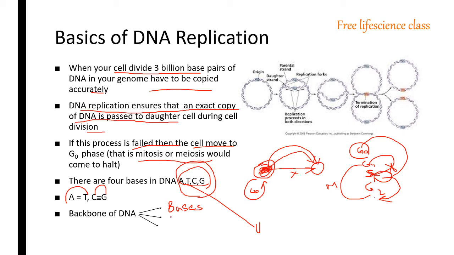Then about sugar: deoxyribose sugars are present in the backbone of DNA. Then about phosphate: phosphate is also present in the backbone of DNA. These three together are known as a nucleotide. So what is the backbone of DNA? The DNA is made up of bases, sugar and phosphate.